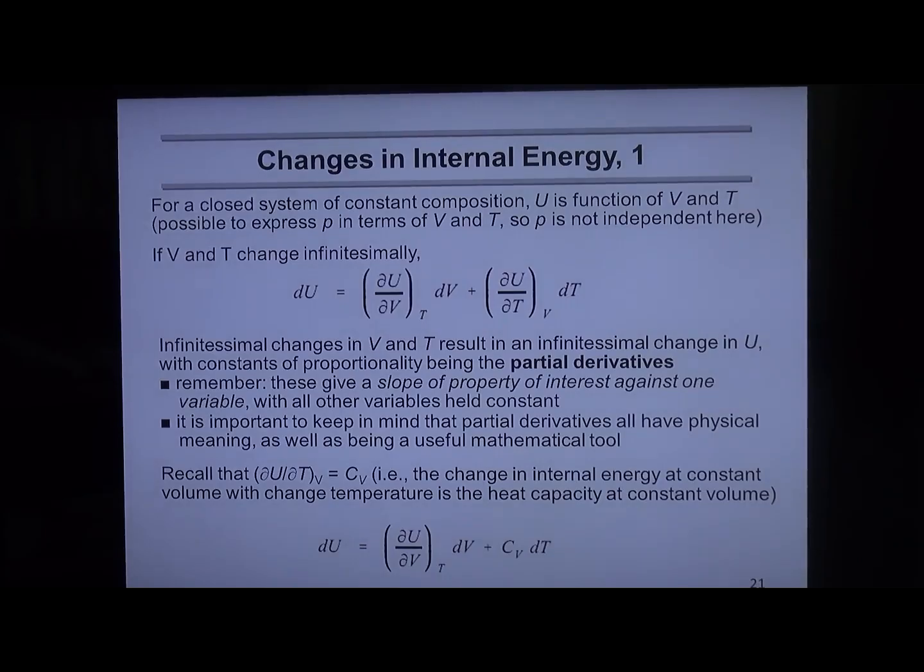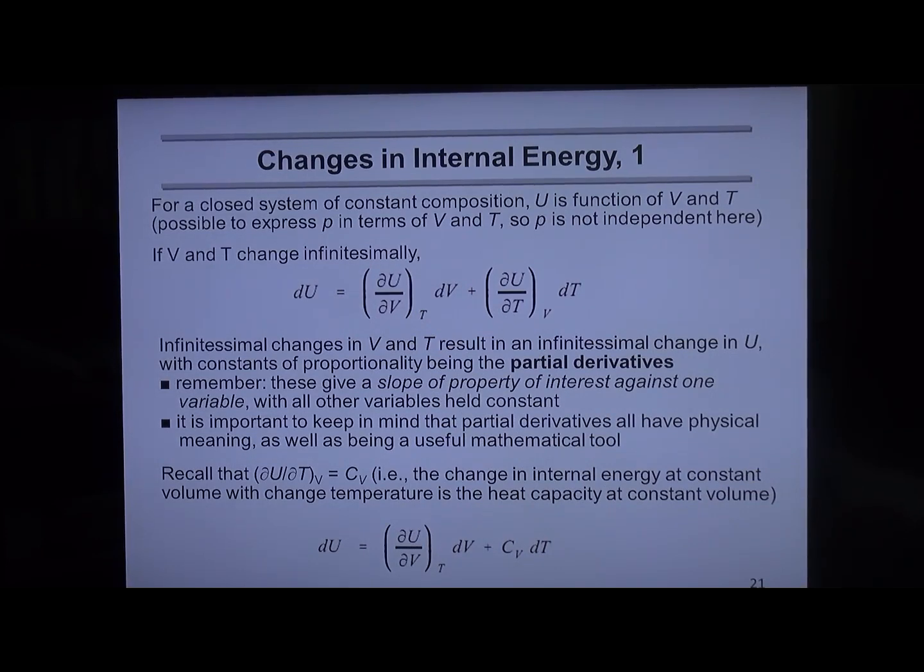Okay. So I mentioned that there is something interesting about state function or exact differential. Exact differential is a differential form of state function, dU or dH.